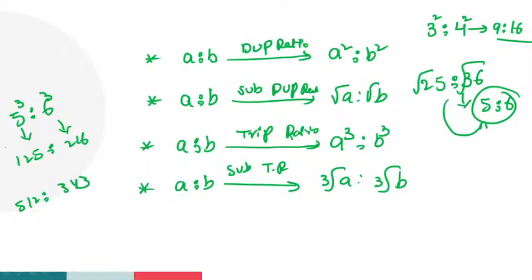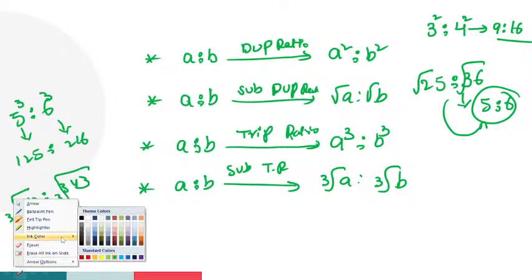Subtriplicate ratio, guys: cube root of 512 and cube root of 343. 512 is which cube, guys? Here 8 cube. 343 is which cube, guys? Here 7 cube. So 8 is to 7, guys. That is the subtriplicate ratio, guys.